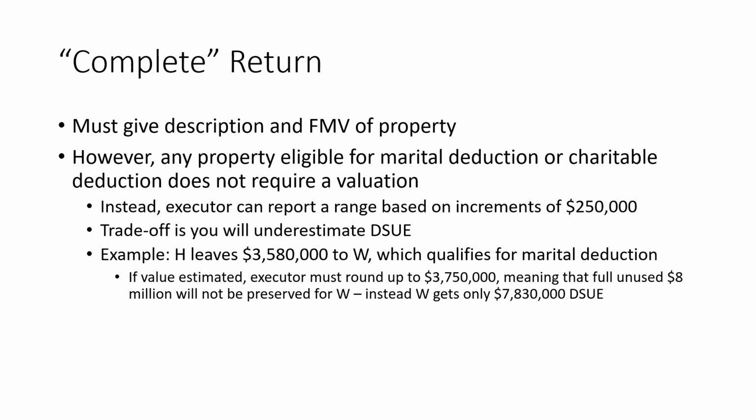However, if we're going to use this value estimated rule, the executor would have to round up that $3.58 million to the next increment of $250,000. So they'd have to report $3.75 million, meaning that the full unused $8 million won't be preserved for W. Instead, W will only get $7.83 million of an unused exclusion preserved for her benefit in this case.